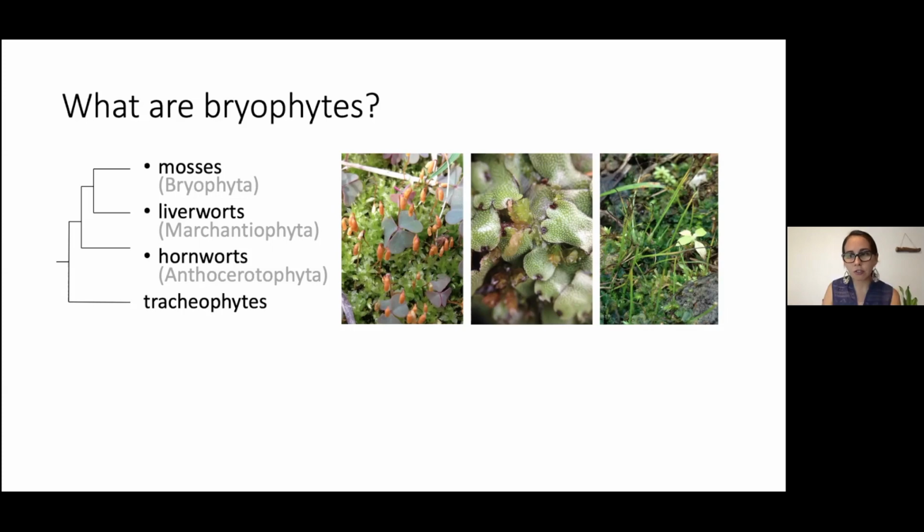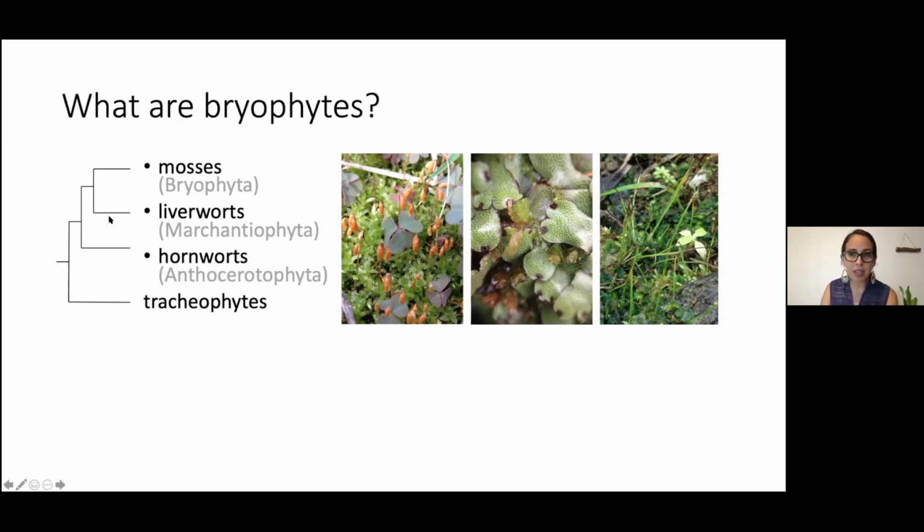Tracheophyte is just a name for plants that are larger plants like ferns and flowering plants and seed plants like the conifers. So Tracheophytes are all the plants that you usually look at when you go out, and the bryophytes are the small plants such as the mosses and the liverworts.